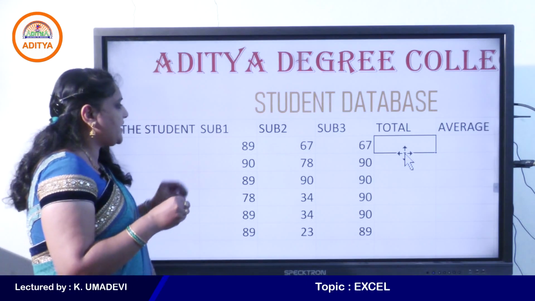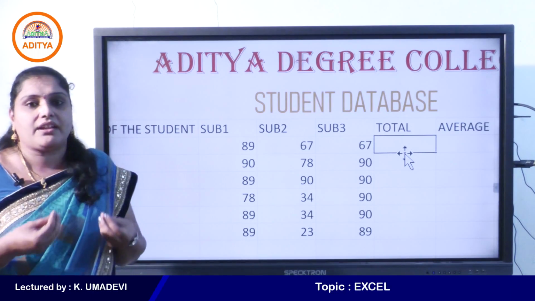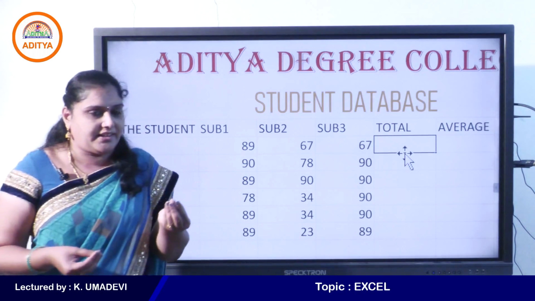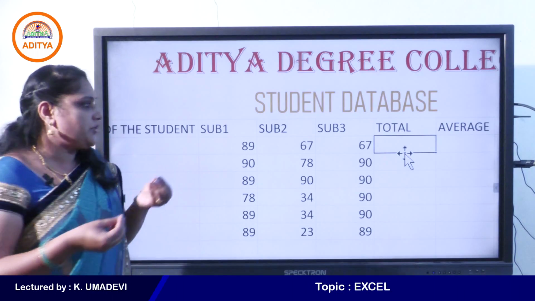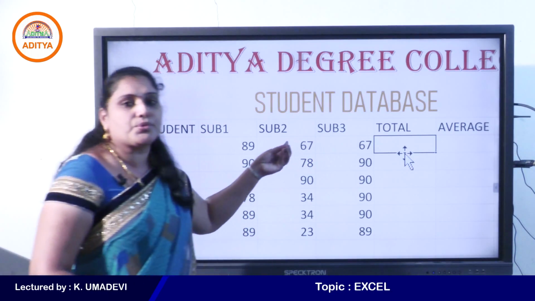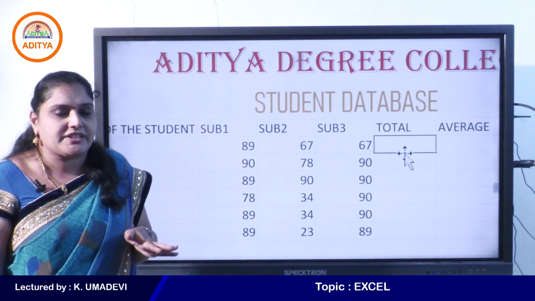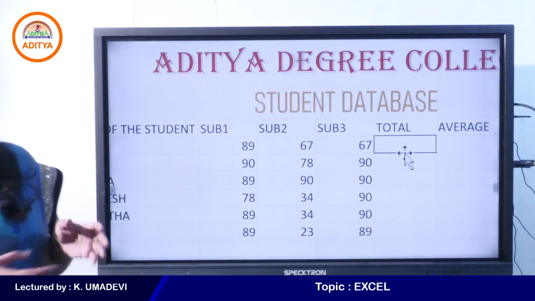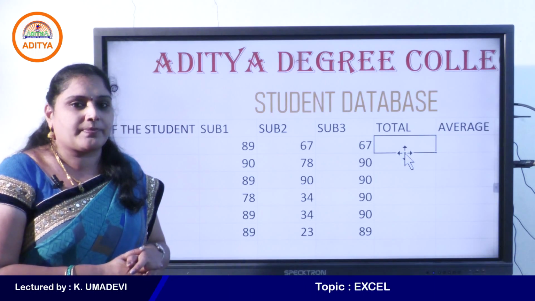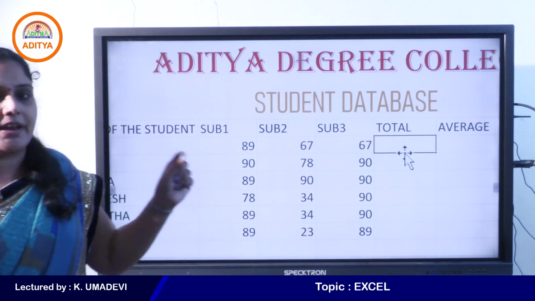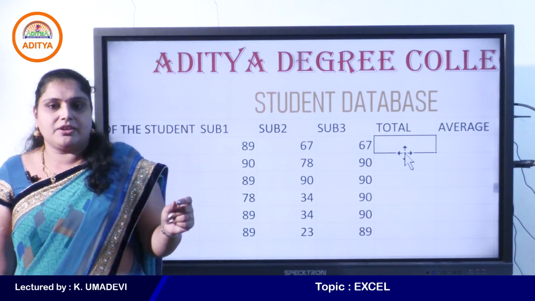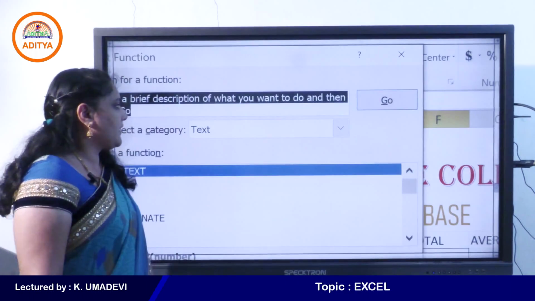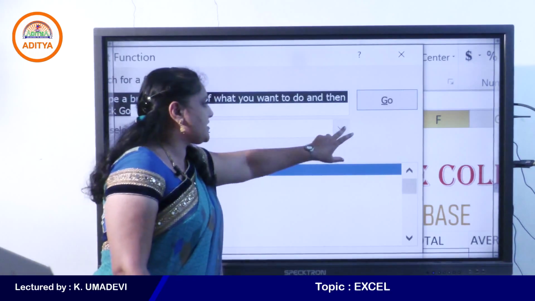If all the subjects contain greater than 80, then I want to display true, otherwise I want to display false. Okay? How can we check with that? By using logical functions. See, AND, OR are available to test multiple conditions. First, go to FX, click on FX and select logical category.